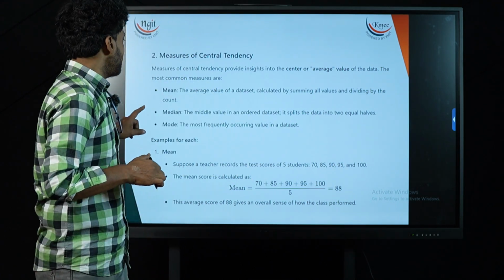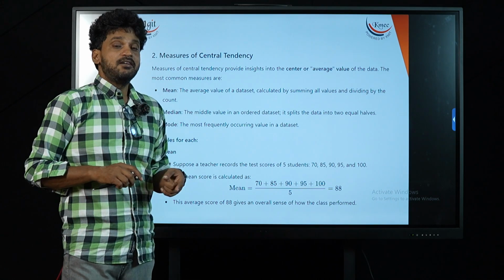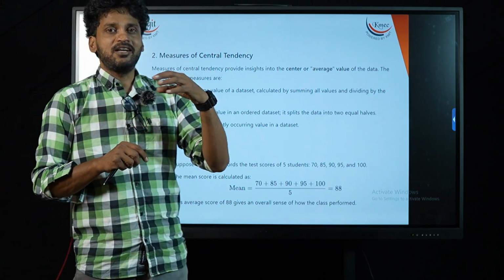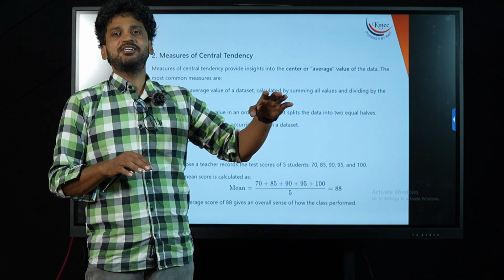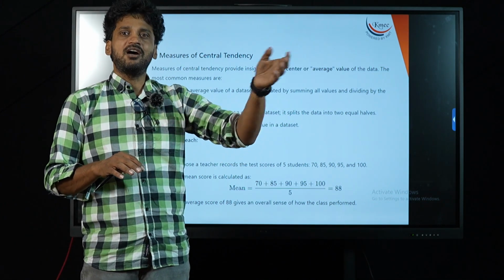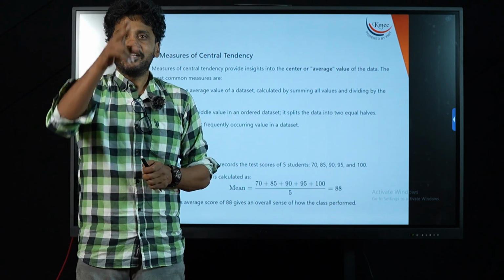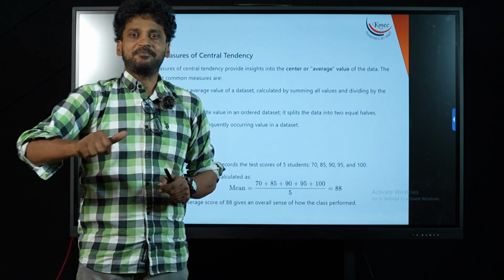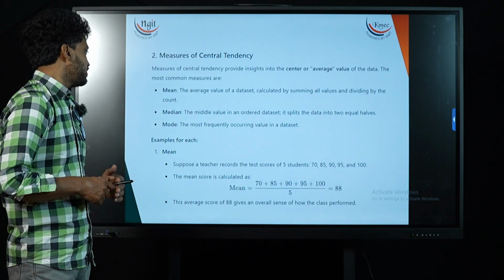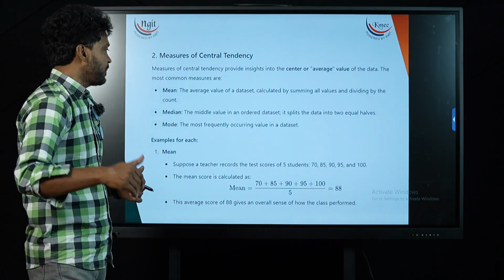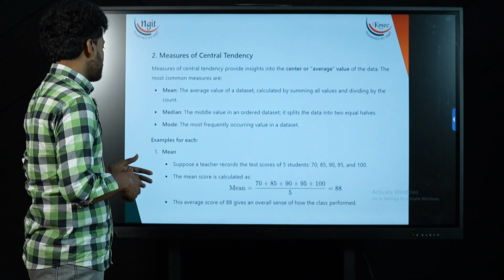But what is the median? In median, we are going to order it. Before you apply the median technique, you should order the data set either in ascending or descending order. Then the middle point will be the median. And the third one is mode. We are going to understand mode in some time. It is the most frequently occurring value in a data set.